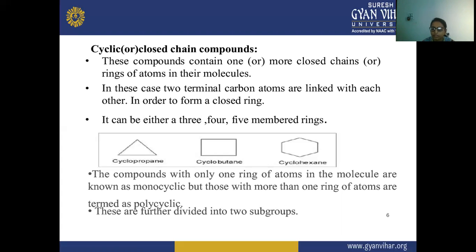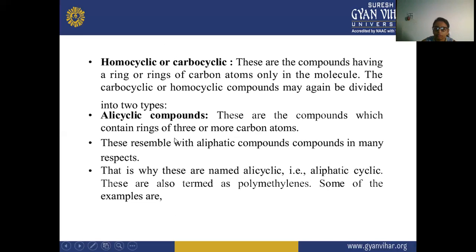Polycyclic ring. So this is divided into 2 subgroups, the cyclic or closed chain compounds are divided into 2 types.